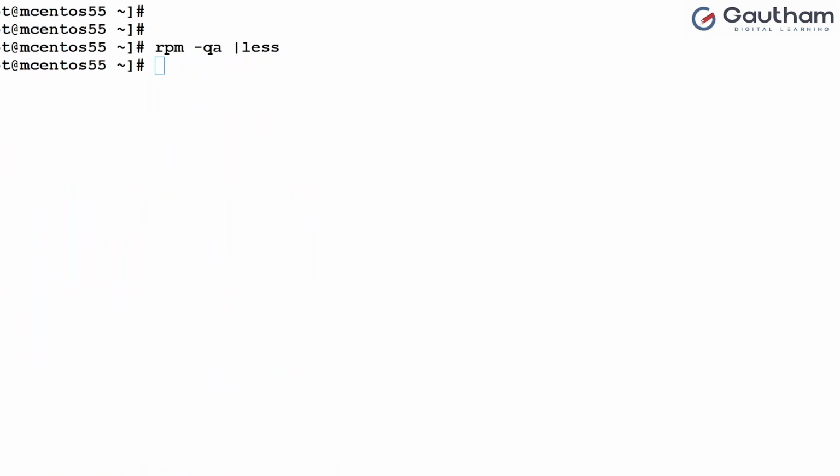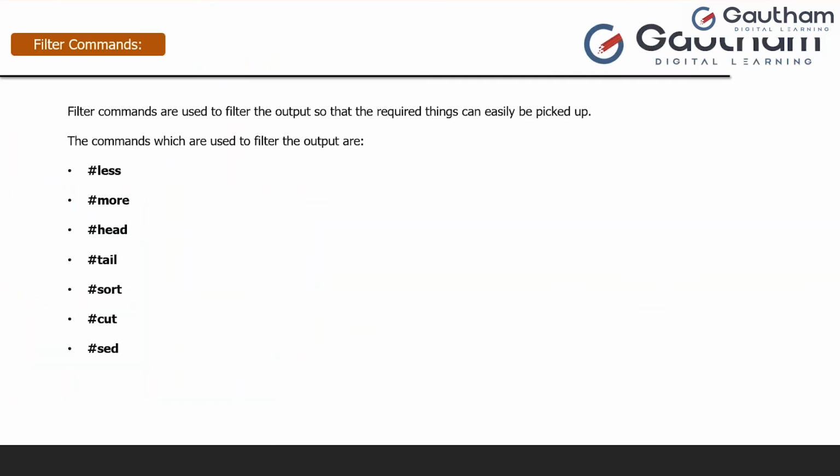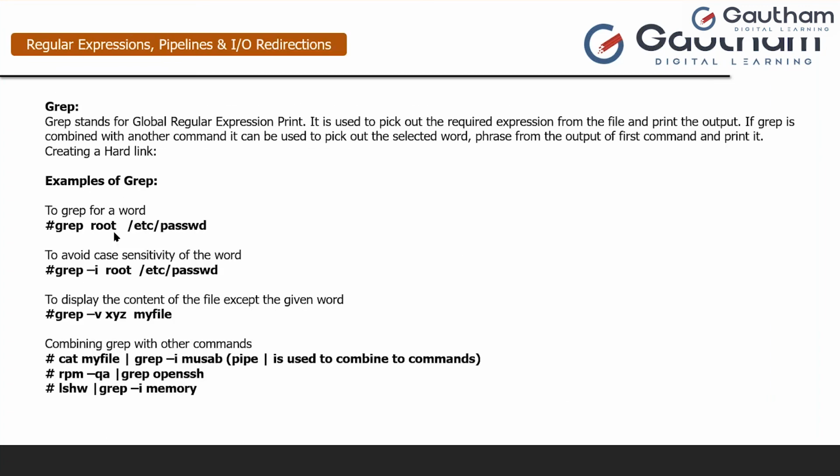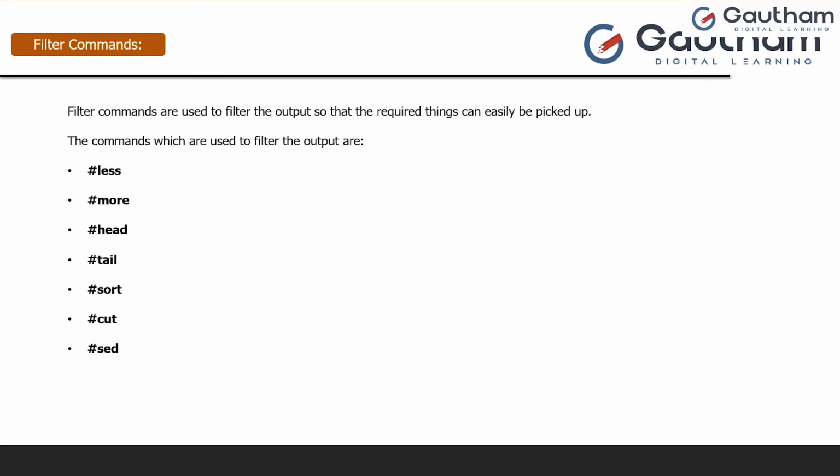Now, same like that, we have our other commands, head and tail. When you go for head and tail, head represents the top some lines and tail represents the bottom some lines of a file.